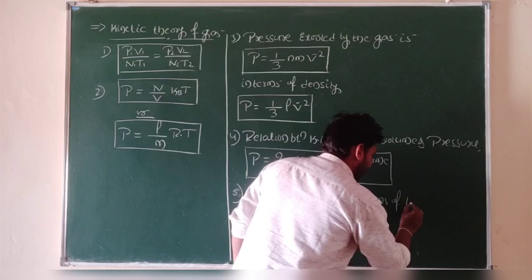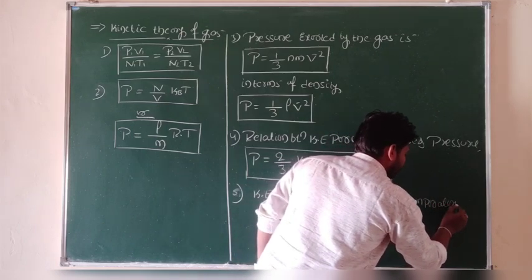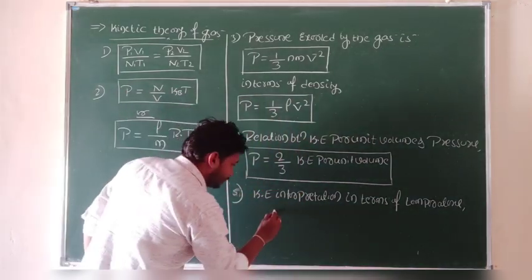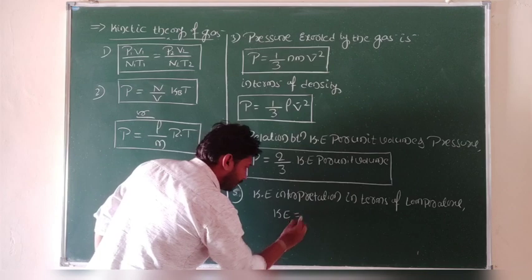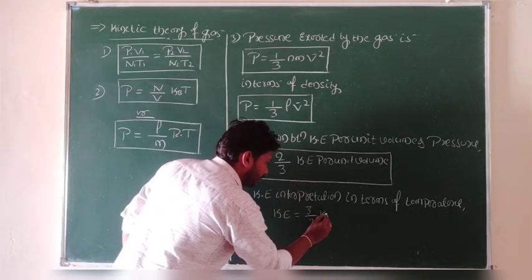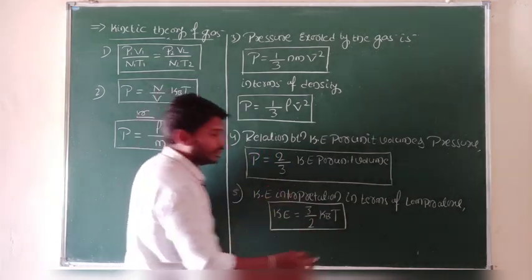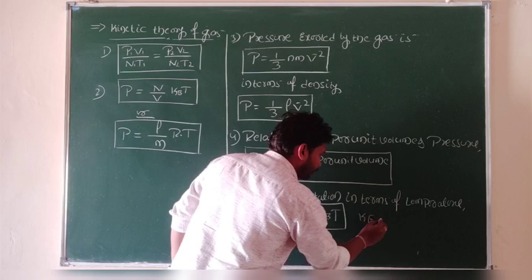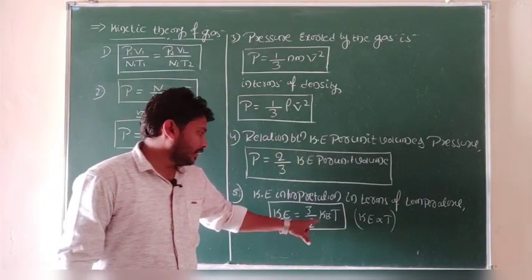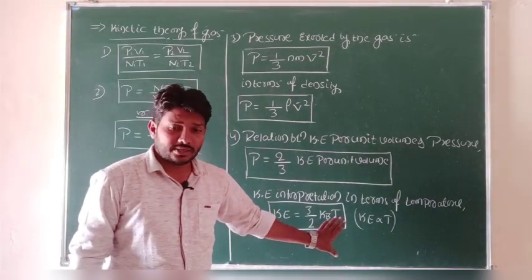Kinetic energy is equal to 3 by 2 times KB into T. So it means that kinetic energy is directly proportional to temperature. Kinetic energy is equal to 3 by 2 times KB into T, right?